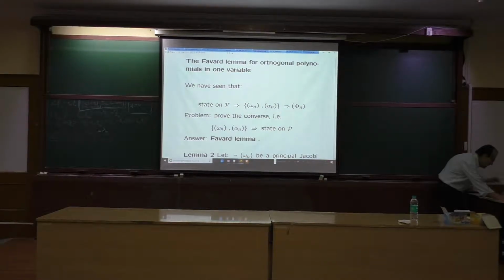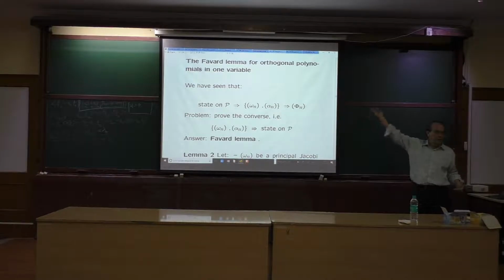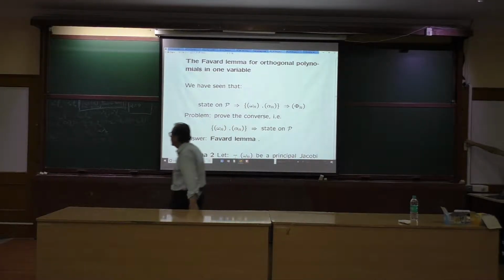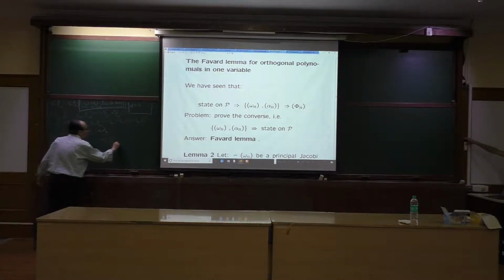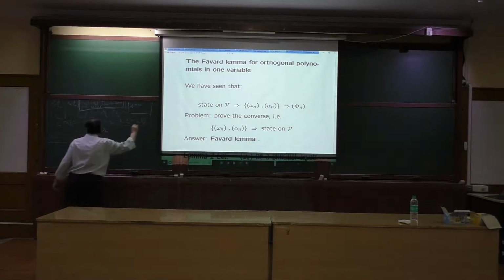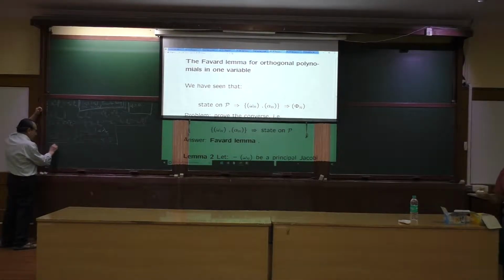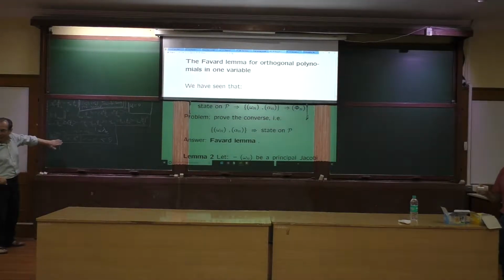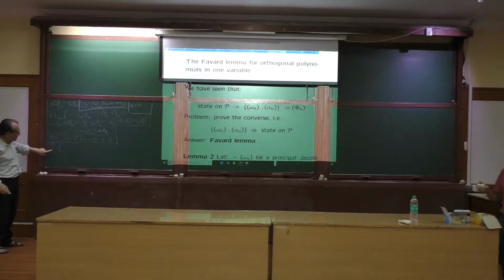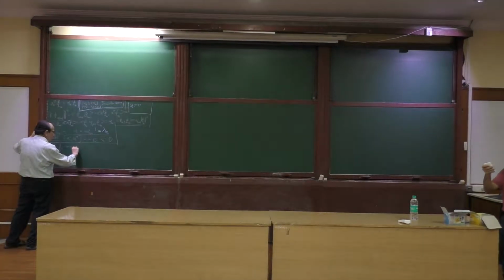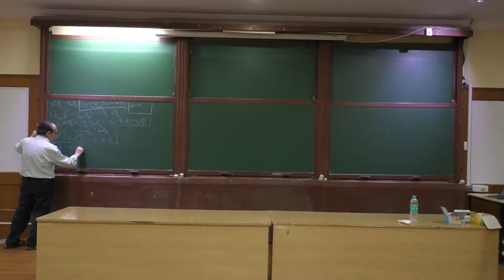Okay. So now we come to the main theorem that we had no time to discuss last time. Last time we showed that if we have the polynomial algebra and a state, we say a probability measure, but a state is more general, we can associate the two Jacobi sequences.